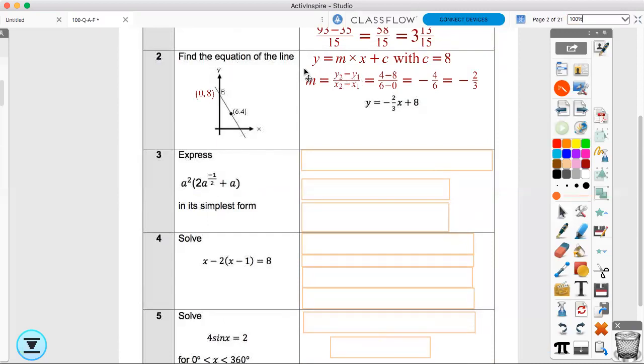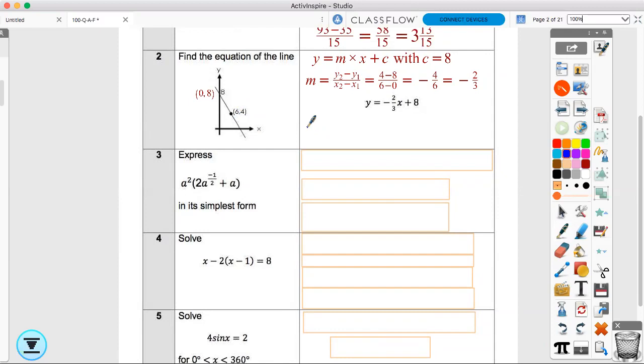So now let's say you can't remember the gradient formula. What you need to do here is, you see that (6, 4) belongs to the line. What it means is, when x equals 6, y equals 4.